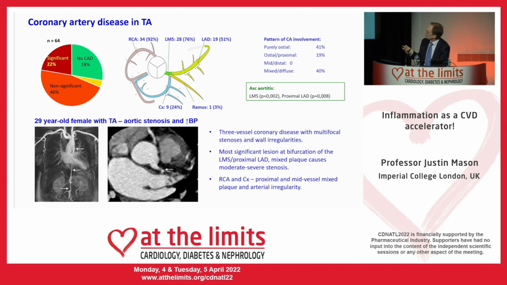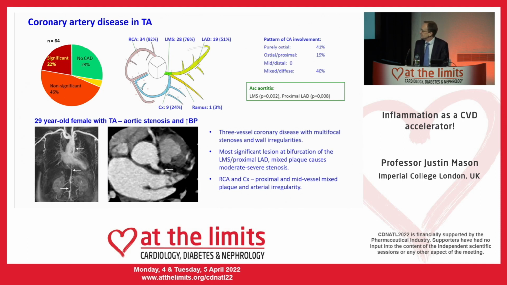Some of the lesions are proximal in the arteries and most likely represent a direct vasculitic effect. Some of this is ostial and proximal, but about 40% have mixed diffuse disease with increased calcification, very suggestive of premature atherosclerosis. And the main coronary arteries involved were the right coronary, the left main stem, and the LAD.